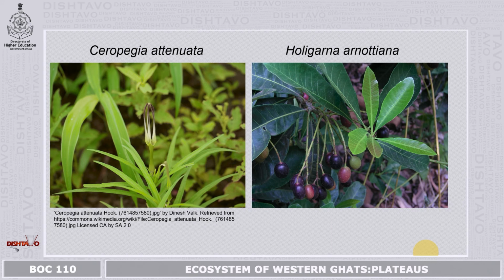First image is Ceropegia attenuata, which is a critically endangered herb which will be seen only in this lateritic plateau. Holigarna arnottiana, again another endemic tree of Western Ghats, you will find mostly in this lateritic plateau as well as lateritic soils.